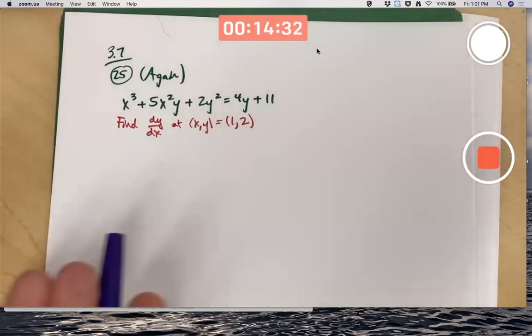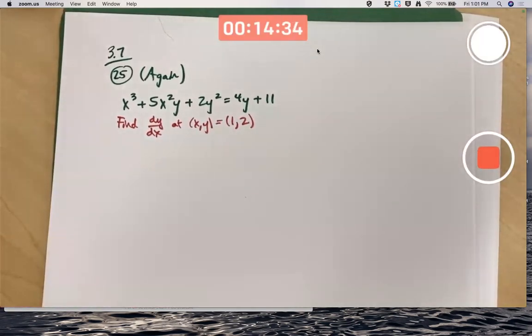So this, as it stands, is a section 3.7 problem. Section 3.7 is about implicit differentiation. Yeah, that's the title of section 3.7, implicit functions. This equation defines a curve in the XY plane.